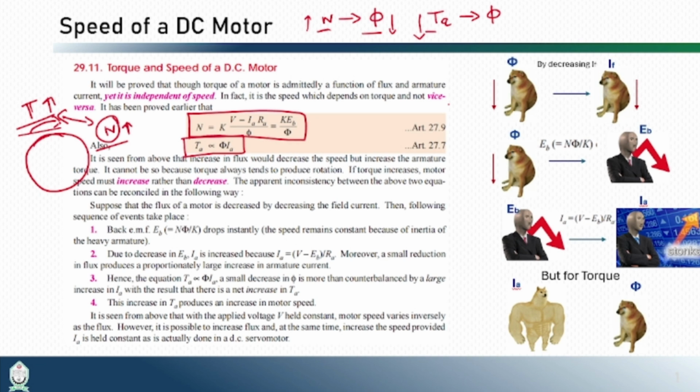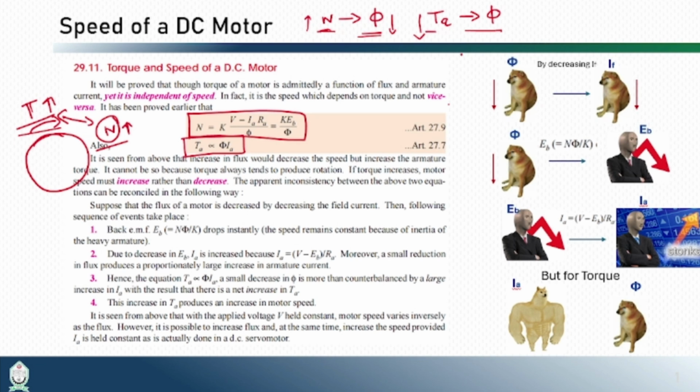So the two should work hand in hand. But in the process that we have learned, both have a relationship with the magnetic flux, and they are in reverse order. So what actually happens in the practical case?